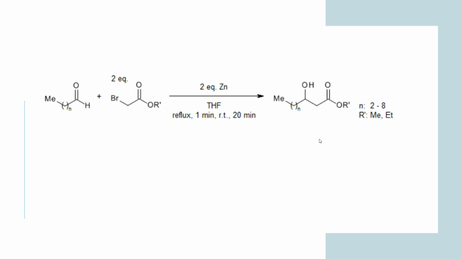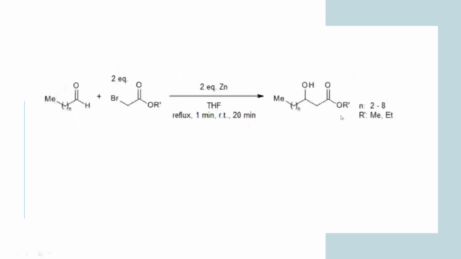First, the generation of enolate happens, and that enolate undergoes nucleophilic attack to the second partner in the reaction. So, the similar strategy is going to be used in the Reformatsky reaction, and you get this beta hydroxy ester as the final product. Let us move to the next example of the similar reaction.